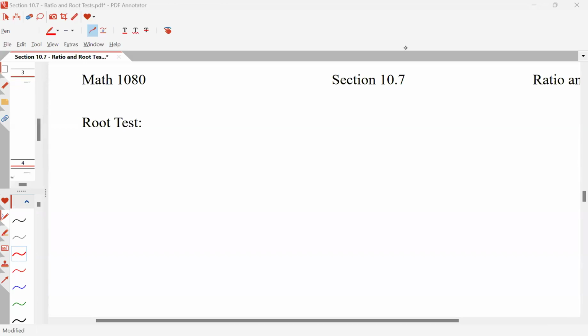Hello, in this video, we are going to take a look at our last test, and it's known as the root test.